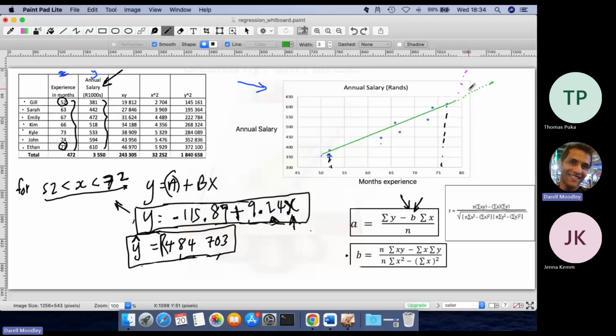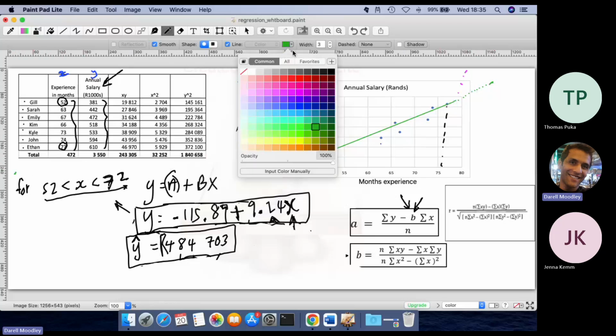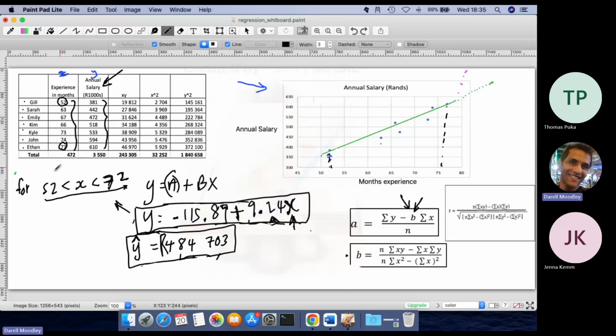It would be great if these pink dots were around this green line, but it isn't. It's going up. So after the domain, points beyond the domain of x, we can't make an educated guess of whether this line would make a reasonable prediction, which is why we always write this here as a disclaimer. We say that this equation is valid for x between these values.